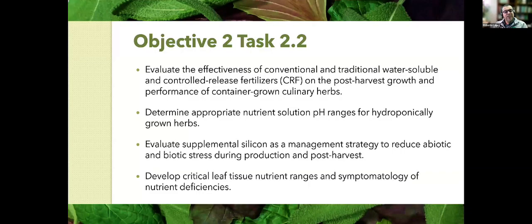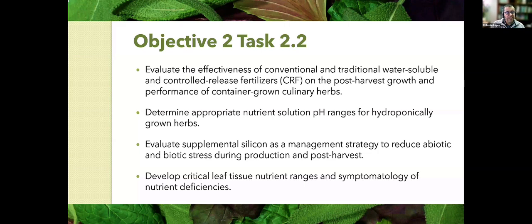Okay, we are now going to change gears and look at Objective 2, Task 2.2. This sub-objective is going to focus on nutrition. So we're going to look at conventional, both water-soluble as well as controlled release, and organic fertilizers and how they affect post-harvest growth in container grown herbs.